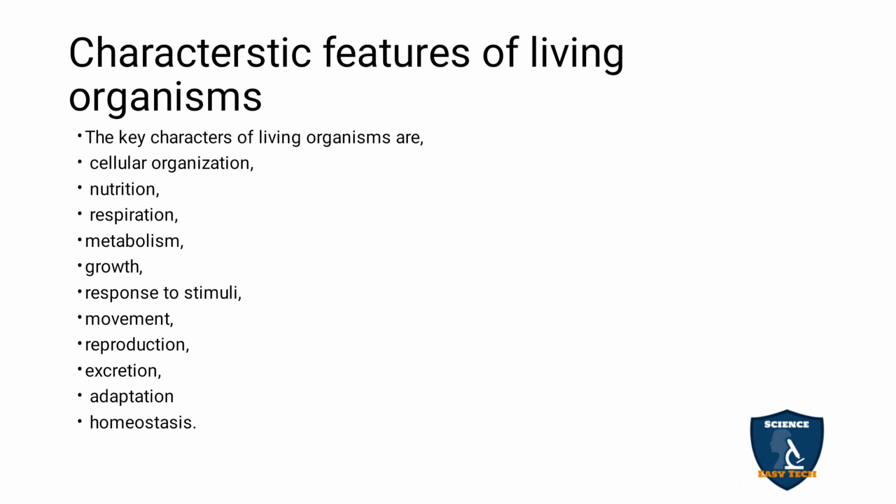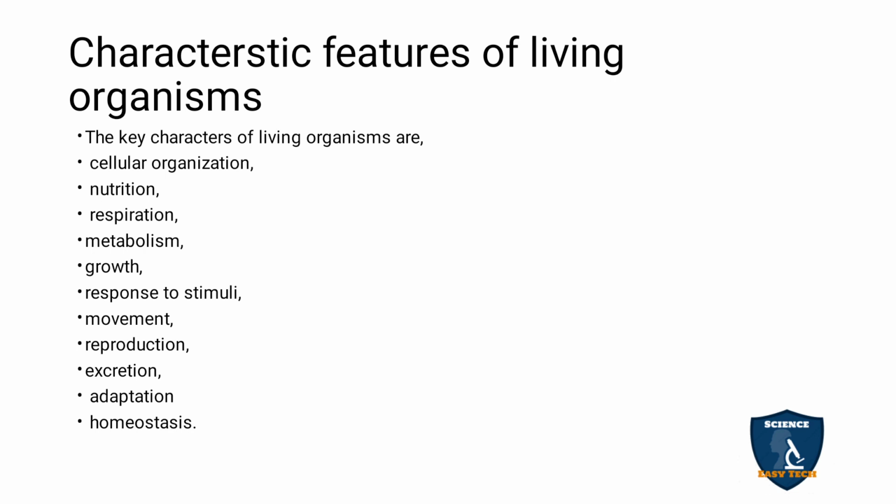Characteristic features of living organisms. The key characteristics of living organisms are cellular organization, that is unicellular or multicellular; nutrition, autotrophic or heterotrophic. Autotrophic means preparing its own food, like plants. Heterotrophic means depending on another organism for food; we animals are heterotrophic.